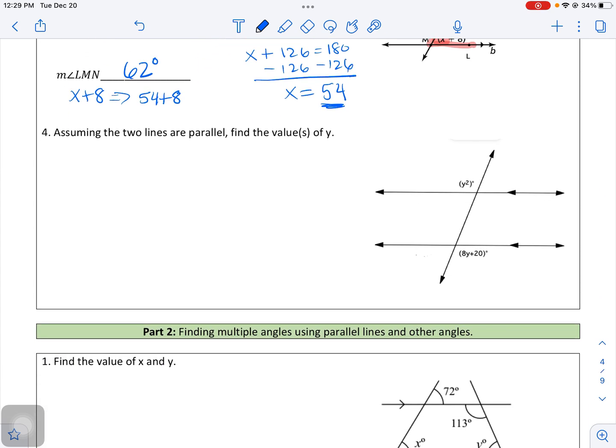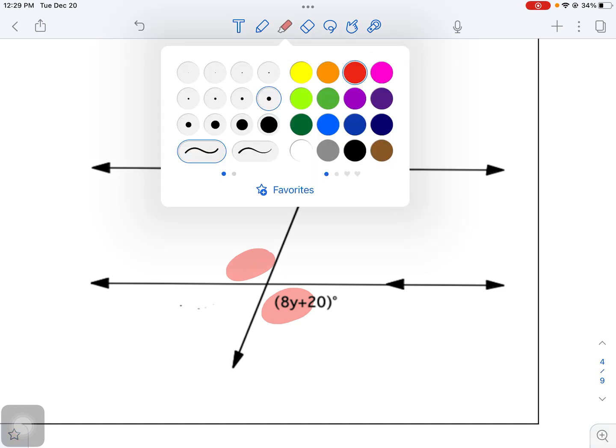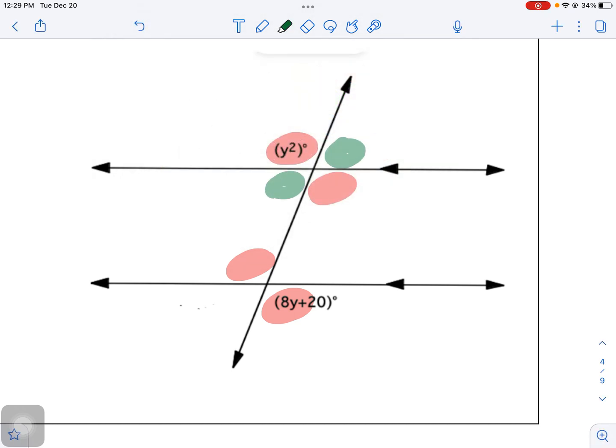All right, next it says, assuming the two lines are parallel, find the value of y. So once again, I'm going to color code. These are obtuse, obtuse, obtuse, obtuse. Acute, acute, acute, acute. So what I know is I have this red angle up here that's obtuse, and I have this red angle down here that's obtuse as well.